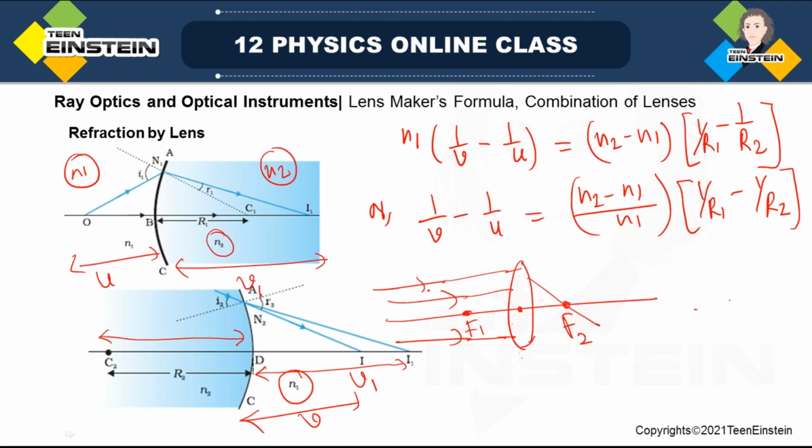So if the object is at infinity, that is U is infinity, the rays are parallel and after refraction they meet at the focus.